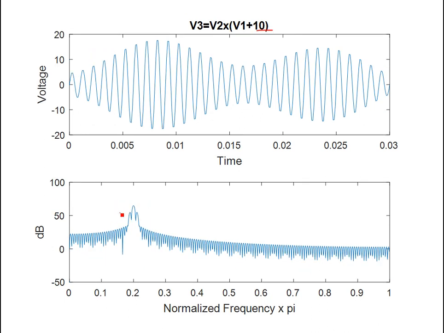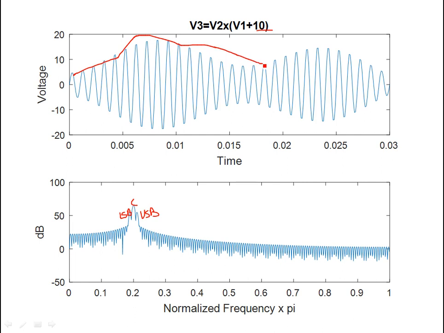This is the lower sideband, LSB. This is my carrier C, and this is my upper sideband. So the modulation has occurred, and that's the envelope of the signal.